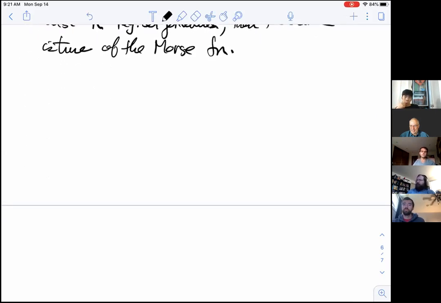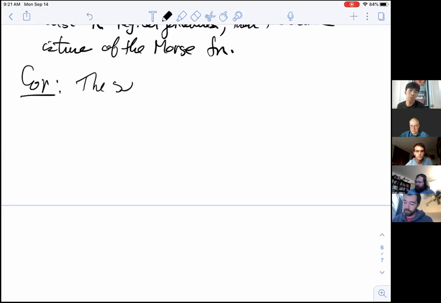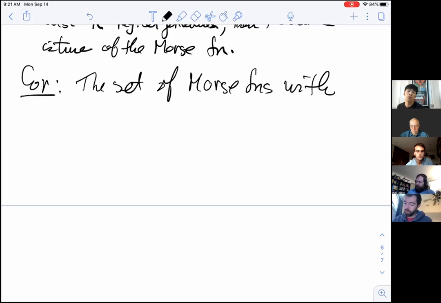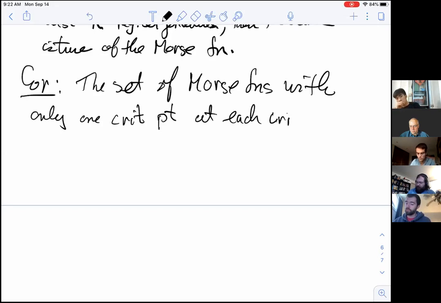Okay, and one last approximation corollary: the set of Morse functions with only one critical point at each critical value is also an open dense set.